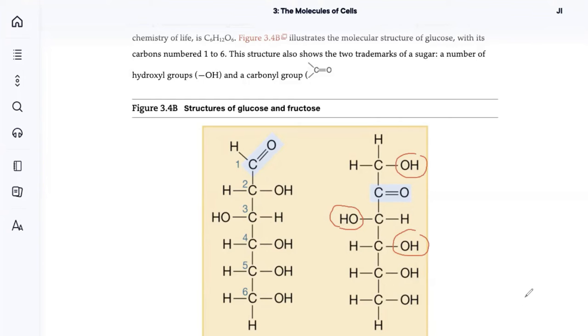Yeah, well, I'm hoping you're going to say, well, these are, as you can recognize, OH bonds. These are polar covalent bonds. There's going to be a delta minus on the oxygen side, delta plus on the hydrogen side. Every time that you have an OH, you'll have a delta plus and a delta minus. And so anytime you see all these OHs, these are going to be molecules that will interact with water relatively readily.